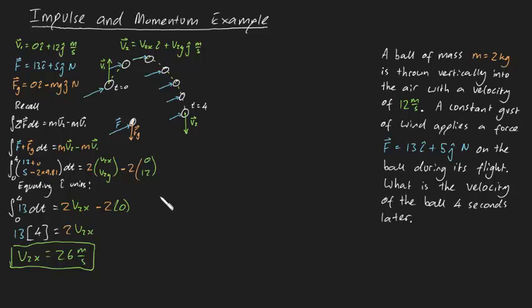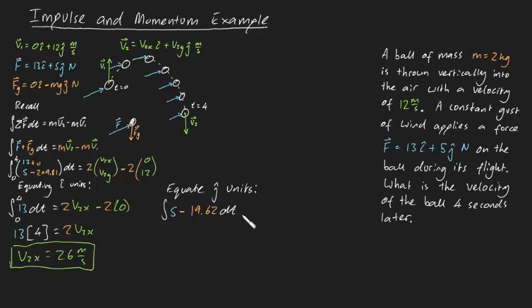Let's quickly do the same, but in the y direction. So let's equate j units. What we do is we equate this bottom row of this equation just here, and that's going to turn into 5 minus 2 times 9.81, which is 19.62.